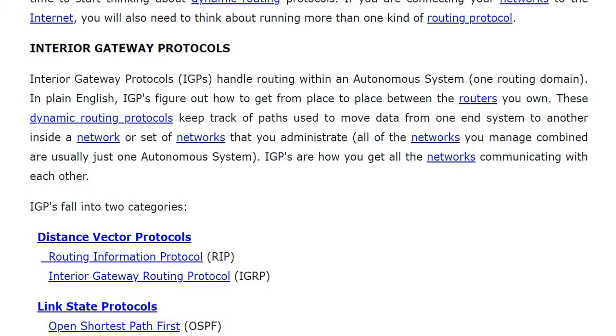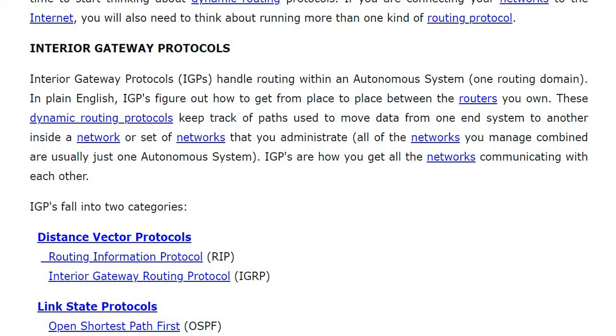So let's say in a company, there are different branches in different cities. All these are connected using interior gateway routing protocol. So all these are autonomous systems, they have their own rules and regulations.